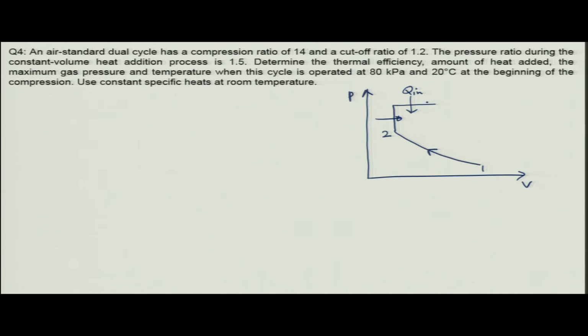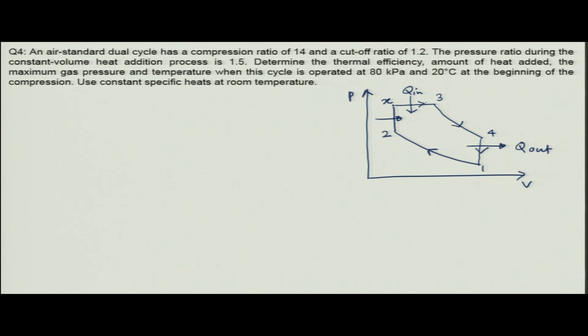Let us say that the final state is 3 after heat addition, and from 3 it will go to 4. So, 3 to 4 is an isentropic expansion and 4 to 1 is a constant volume heat rejection, Q out. So, in the dual cycle the heat is added both at constant pressure and constant volume. Let us denote this point as x.